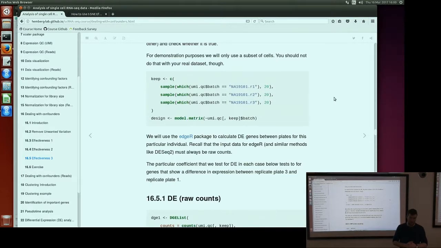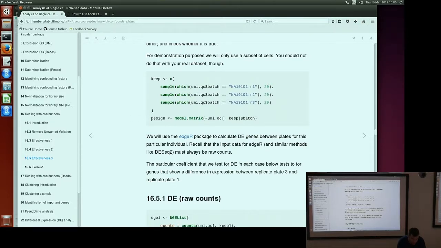So we've got 3 batches for this individual, and we just sample 20 cells from each of these batches. So we've got now this little subset of 60 cells, 20 from each batch for this given individual.